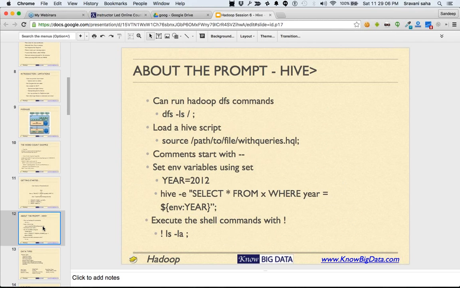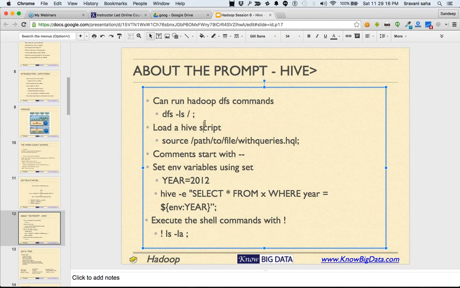Now, a little bit about the Hive prompt. The way you were executing HDFS commands, you can also execute HDFS commands from the Hive prompt: dfs -ls /, and then -mkdir, -cp and whatnot.